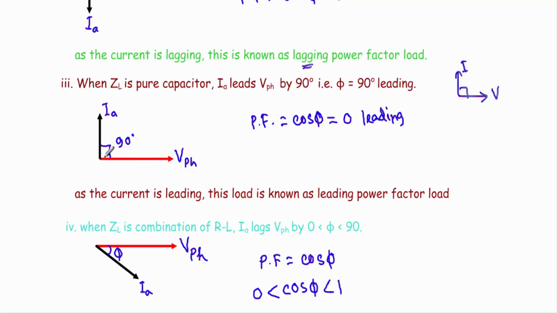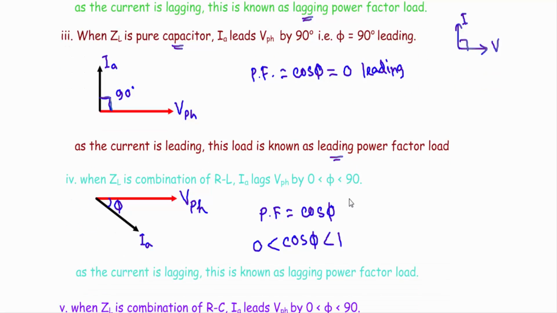If I take the VPH in this direction, our IA will be in this direction, and IA will be 90 degree leading from this VPH due to this capacitor. Now see, as the current is leading here, our load will be known as leading power factor load.